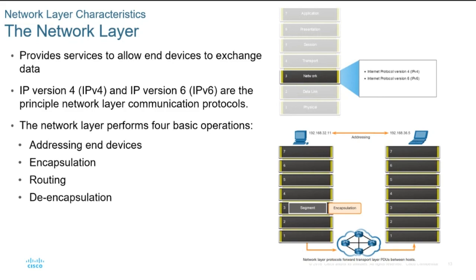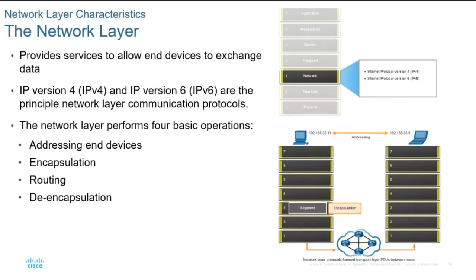Makikita dito sa ating figure, sa taas, layer 3, network 3, the Internet Protocol version 4 or IPv4 and the Internet Protocol version 6 or IPv6. Ito yung mga principal network layer communication protocols.